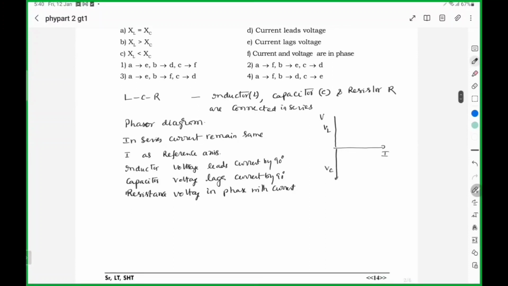Now here XL is impedance, sorry, inductive reactance. XC is capacitive reactance.